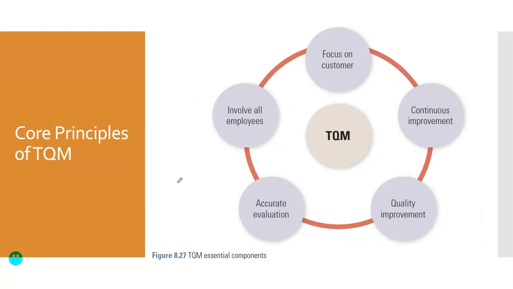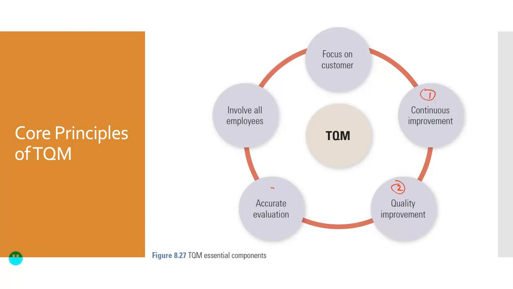What are the core principles of total quality management that you should talk about? It involves continuous improvement. They are striving to this. They live and breathe quality. They are trying to think about how they can do things better all the time. And this will always come down to a quality improvement focus.